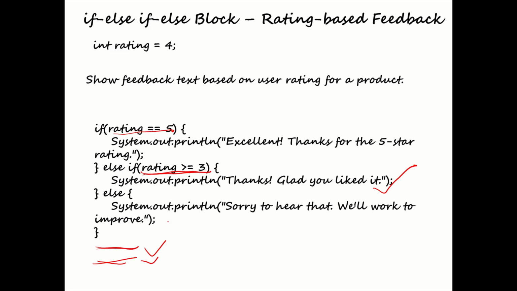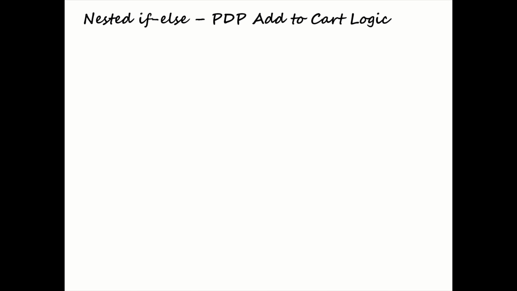Okay, now the last one we have is nested if. That means writing if, else if, whatever combination we have seen, inside the if block or else block, or else if block. In this case, I'm taking a real-time scenario: I want to add some add to cart logic in my product detail page.